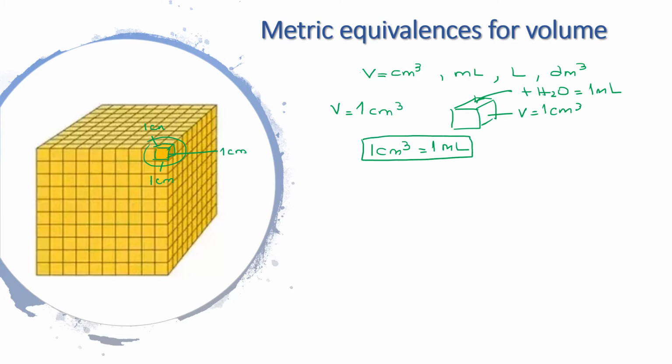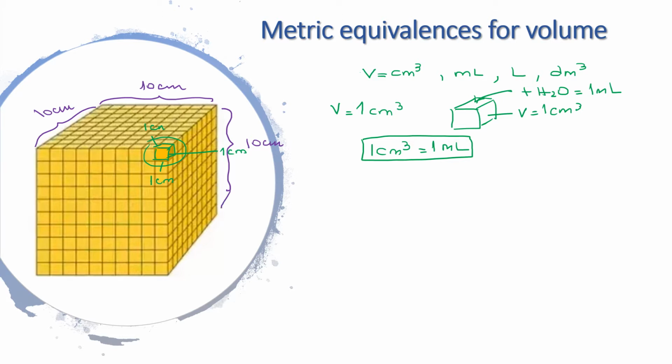Now what I'm going to do is calculate the volume of the big cube. The big cube has, if you count them, 10 centimeters. Here I have 10 centimeters, and here I have 10 centimeters. Okay, so up to the end.